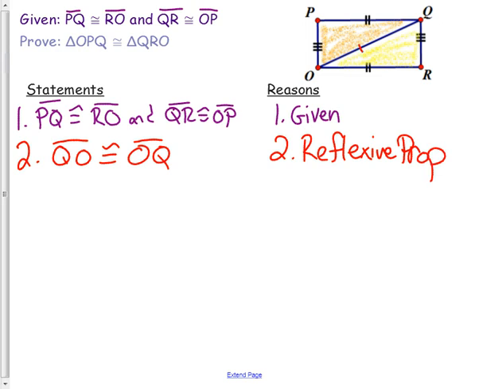And then we will mark those. You notice we have a double hash and a triple hash already, so we just need to use the single hash. And now we have proven all three sides of a triangle are congruent. Since we have all three sides, we can say that the triangles are congruent.